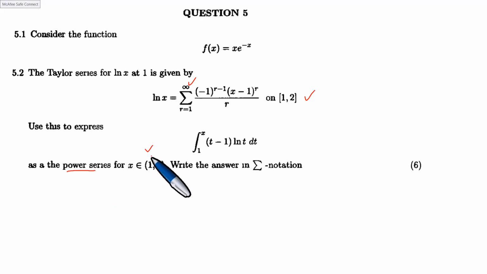There's nothing much to do except that you need to realize that these are functions of t. The t minus 1 is a function of t, and also the ln t is a function of t, with respect to t, dt. So if you use that to express these as a power series, you'll have the integral from 1 to x of ln t dt.